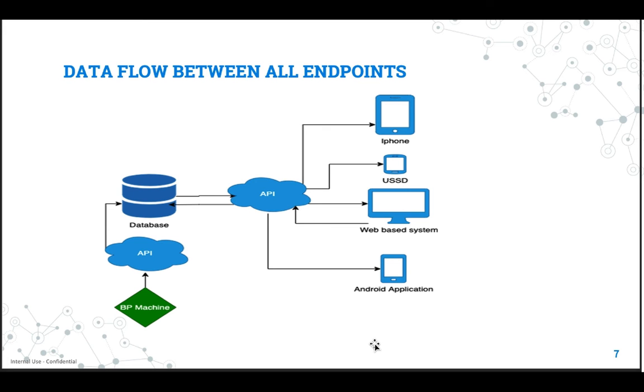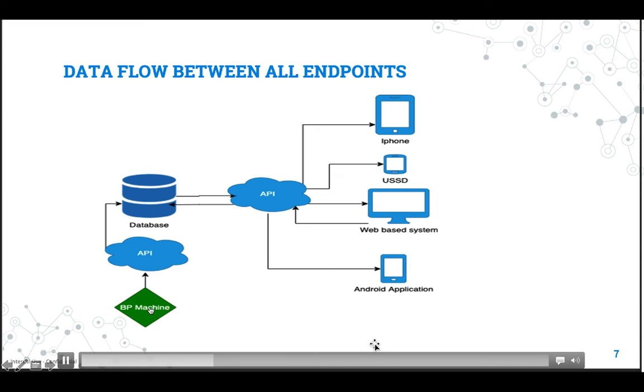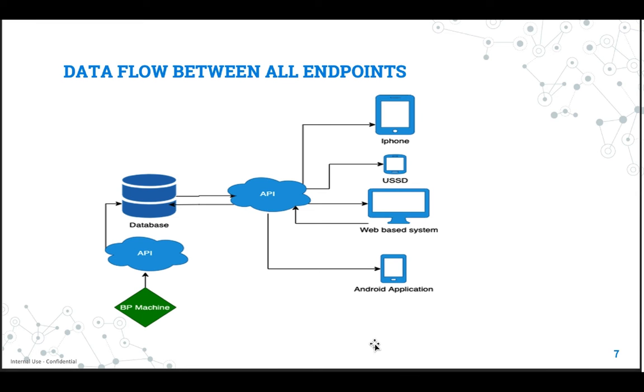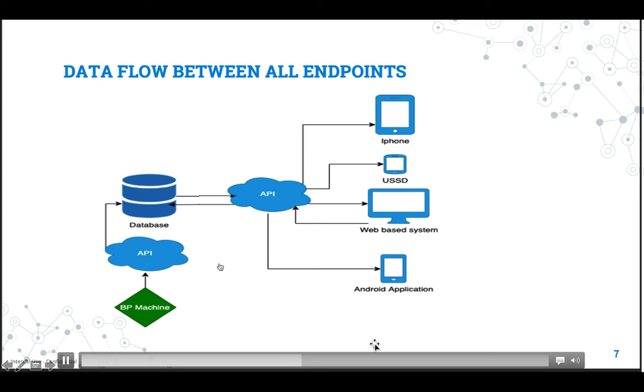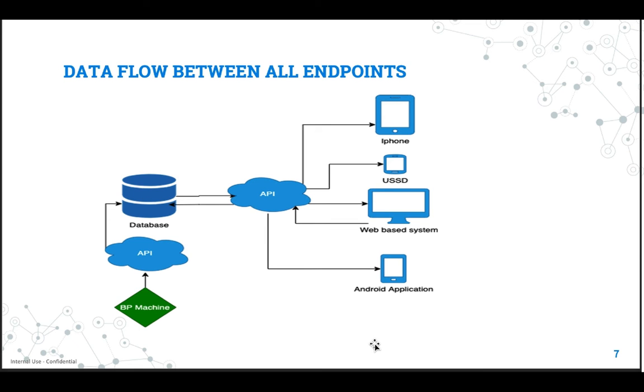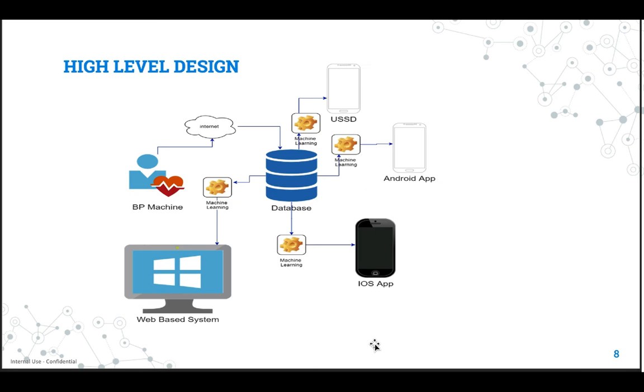As you can see in the diagram, the data comes from the BP machine into the database, and from the database to all the endpoints. We have 4 endpoints: Android for mobile application, web-based system, USSD, and iPhone. Once the data comes from the machine, it goes to the database. After the database, it goes to the endpoints through an API with the enabling of the internet.